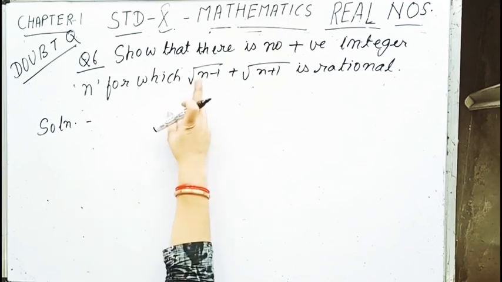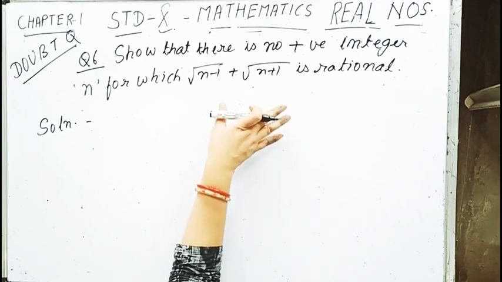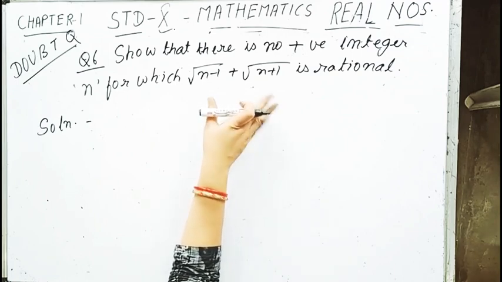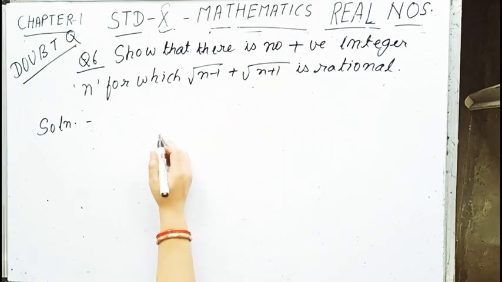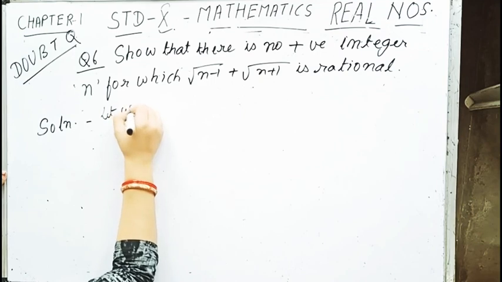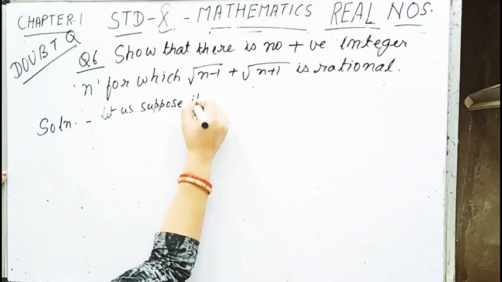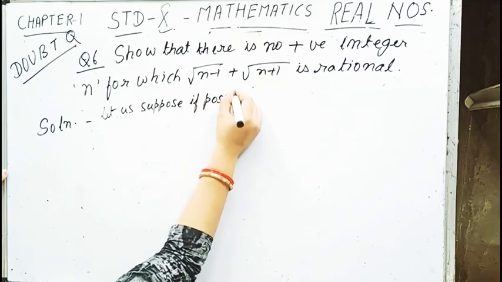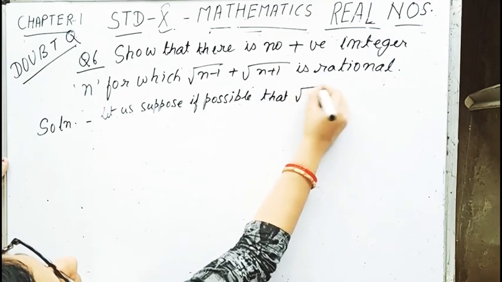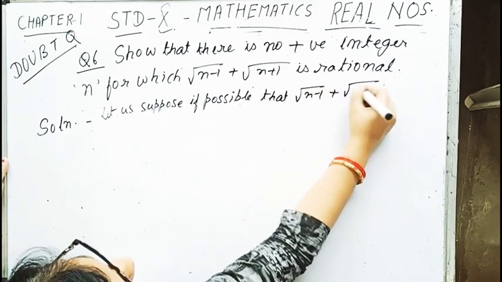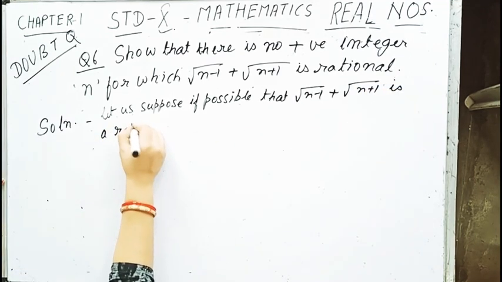Since the sum says to show that there is no positive integer n for which this is a rational number, we will prove it by contradiction, because most of the sums where we have to prove there is no such thing are proved by contradiction. So let us first suppose, if possible, that √(n−1) + √(n+1) is a rational number.